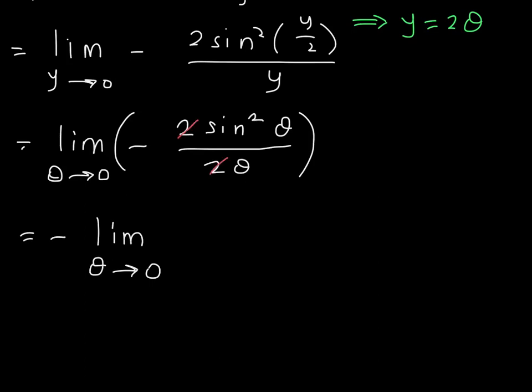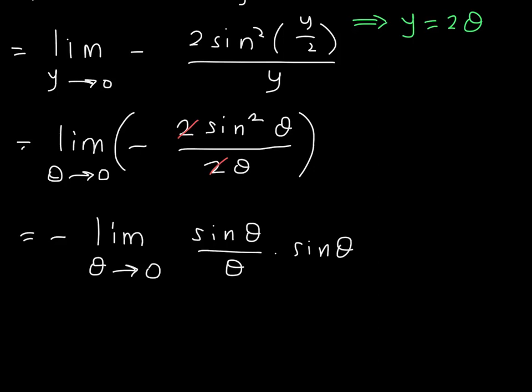All right, great. And I'm going to rewrite this as sine of theta over theta times sine of theta, right? Because sine squared of theta means sine of theta times sine of theta.